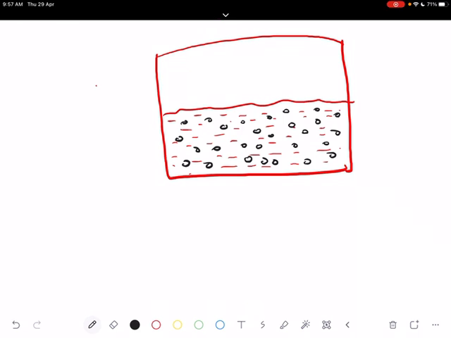It is a closed vessel. So vapors of that red are there, and vapors of that black are also there.